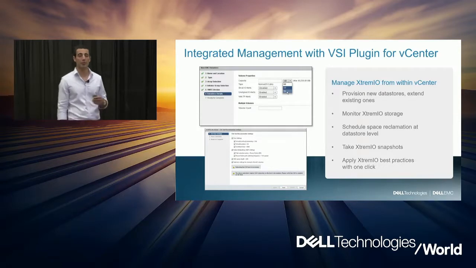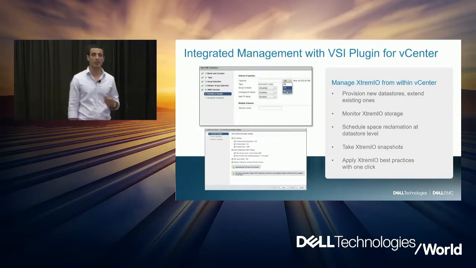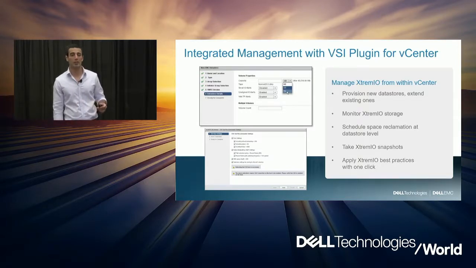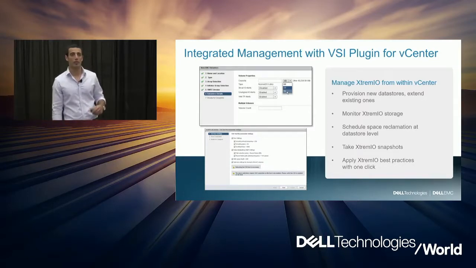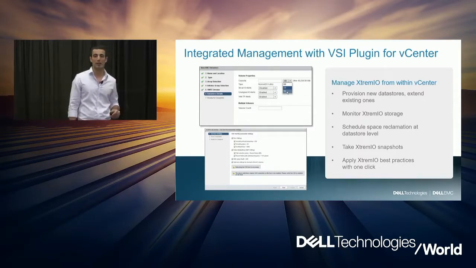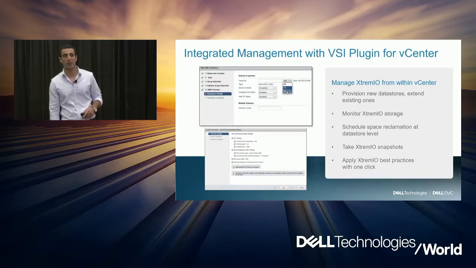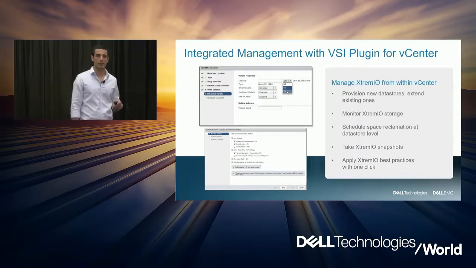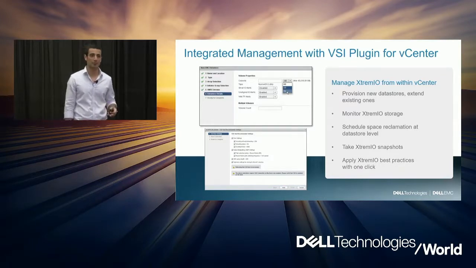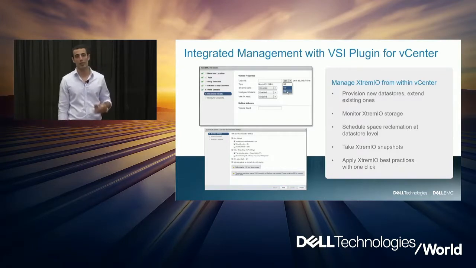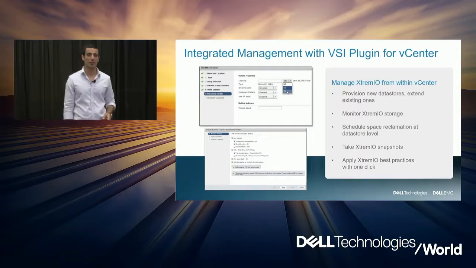A very, very important ability is the option to apply the XtremIO best practices with one click directly from the vCenter web client. So instead of opening the host configuration guide and going to each and every host and applying the best practices using XMCLI and ESXi CLI commands, all you have to do is select your cluster and, with a few clicks, apply the best practices.